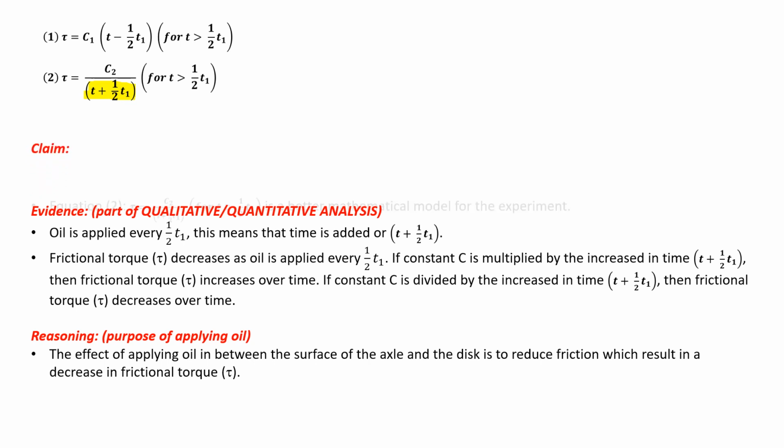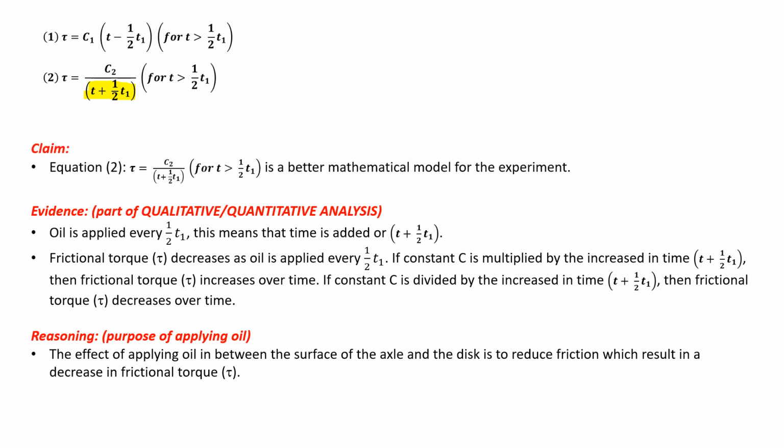And what is my claim? Equation number 2 is a better mathematical model for the experiment because if oil is applied every 1/2 T sub 1, this means that time needs to be added, or it should be T plus 1/2 T sub 1.